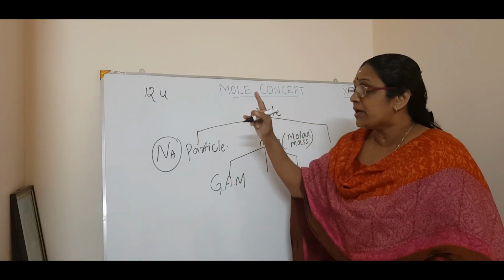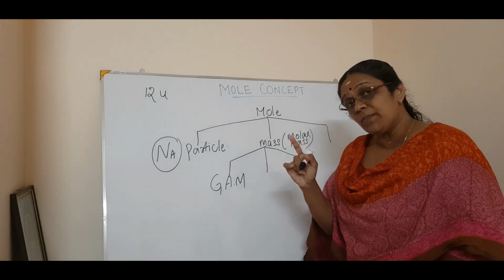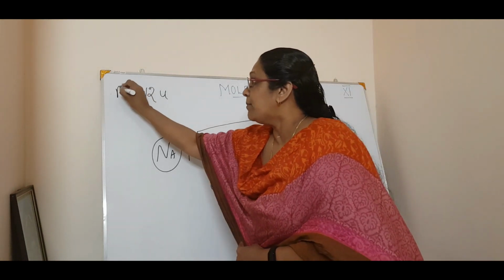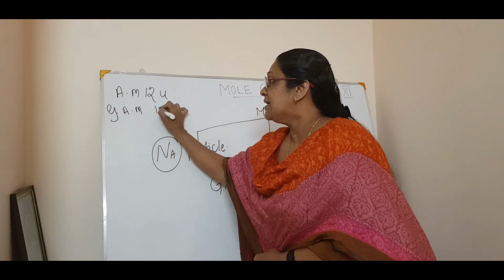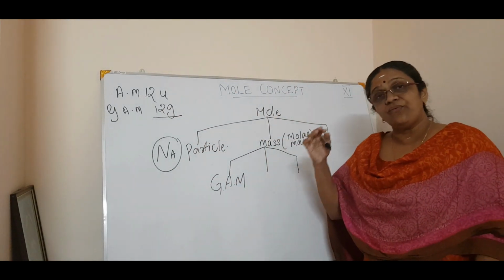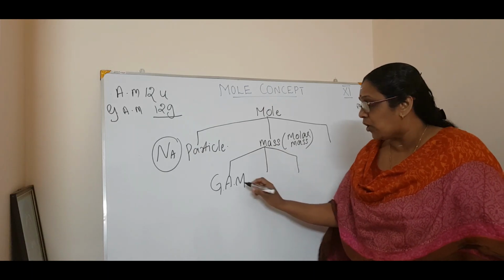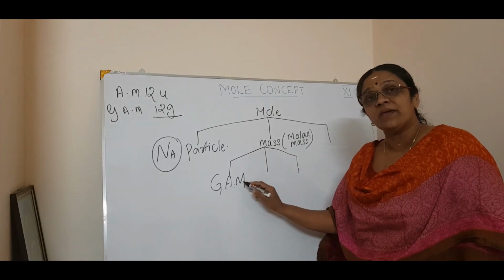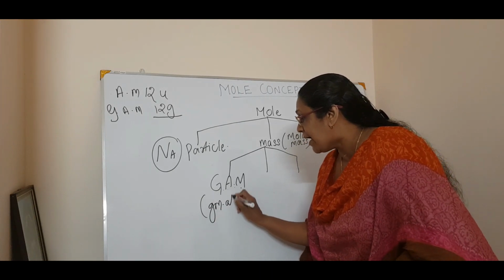Now, how will you represent the gram atomic mass? Atomic mass is 12 U. The gram atomic mass is 12 gram. The U, the unified mass unit, is replaced by gram. Then you call it gram atomic mass, or simply gram atom.